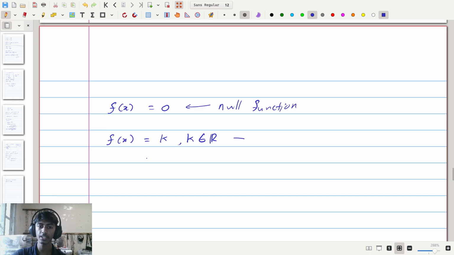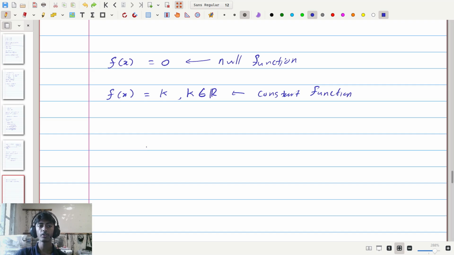So this right here is what we call a constant function, because it is outputting a single constant no matter what the input of x is. No matter which x you put, it will always output that same constant. Note that f of x equals 0, the null function, is one particular case of the constant function when the constant happens to be 0.